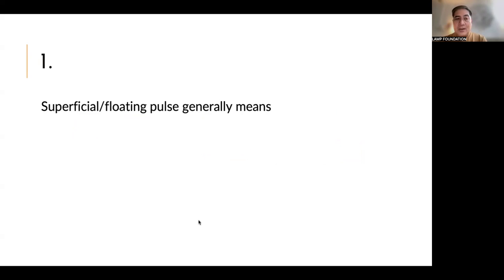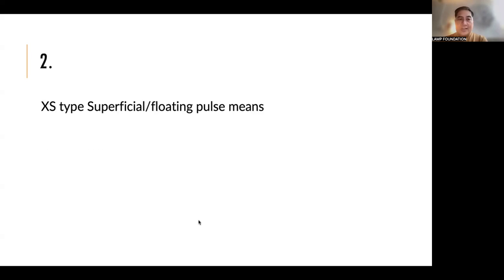When you press deeper, middle and lower, wala. What does this generally mean? Exterior pattern. Okay. So you have an exterior pattern, or this is an external problem.